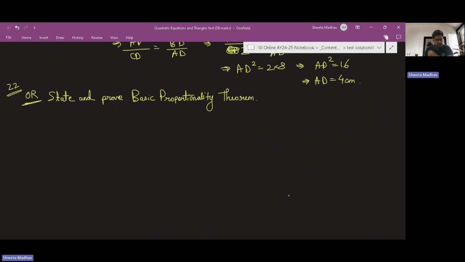State and prove basic proportionality theorem. Now here, basic proportionality theorem.